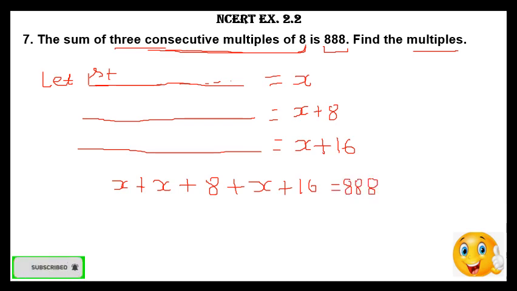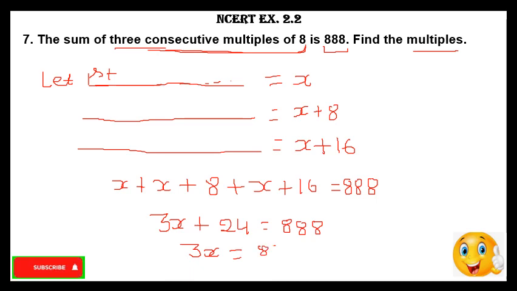Now we need to add the like terms. x comes 3 times in addition, so it's 3x, and 8 plus 16 is 24. So 3x plus 24 is equal to 888, and we can transpose 24 towards the right side.